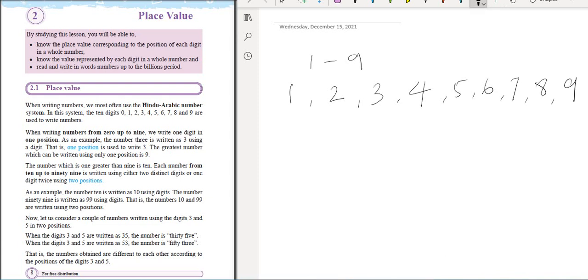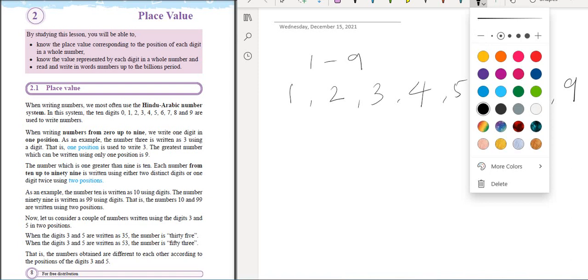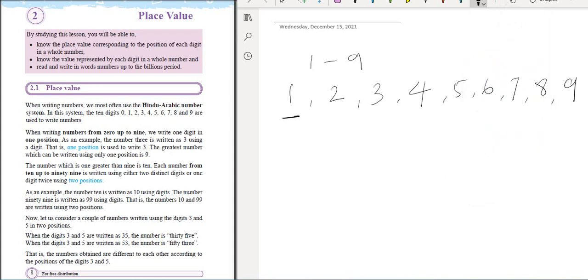When we write these numbers 1 to 9, we take one place, otherwise one position, for each number.